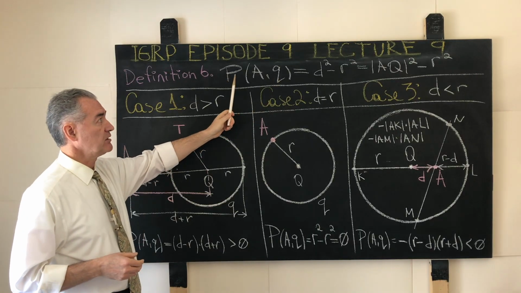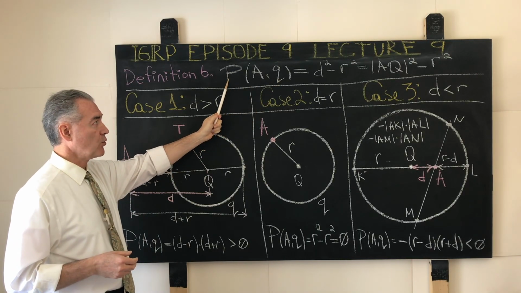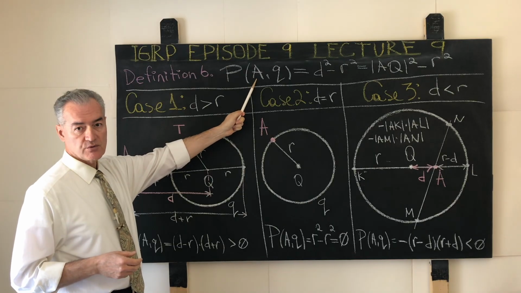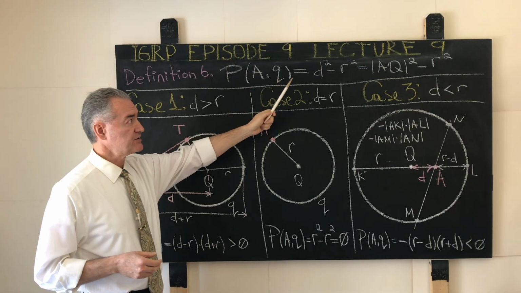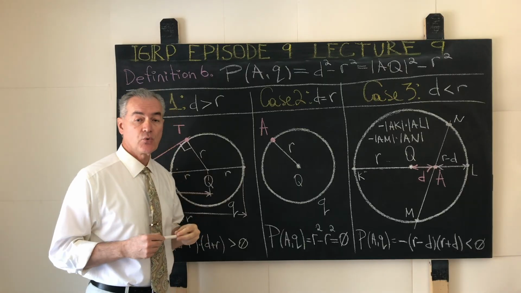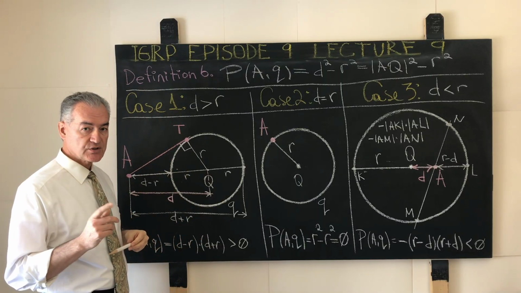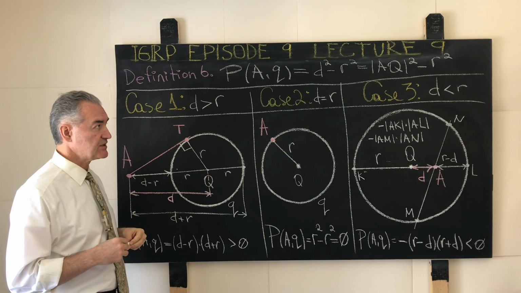So P(A, Q) stands for the power of the point A with respect to the circle Q, and it is defined as the difference of squares of the following two distances.